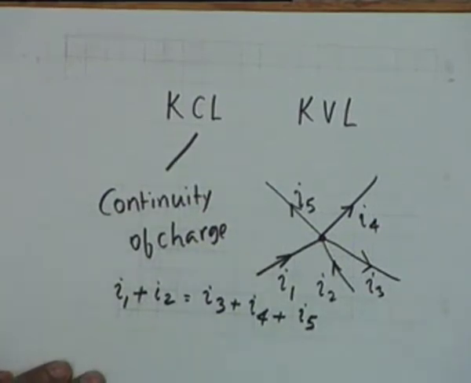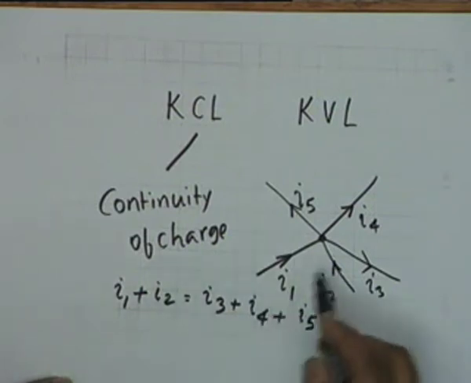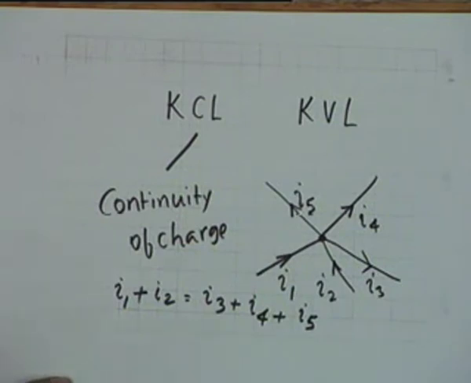So that over any interval, the total charge that arrives at the junction leaves the junction, and this is an expression for the continuity of charge. KVL, Kirchhoff's voltage law, on the other hand, is an expression for continuity of energy, or conservation of energy.